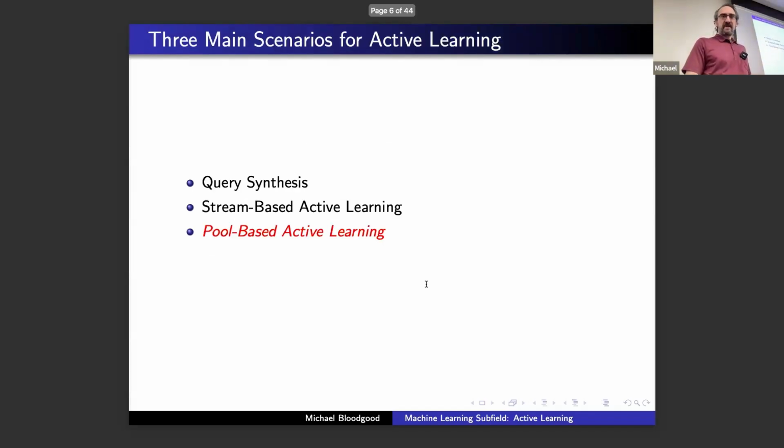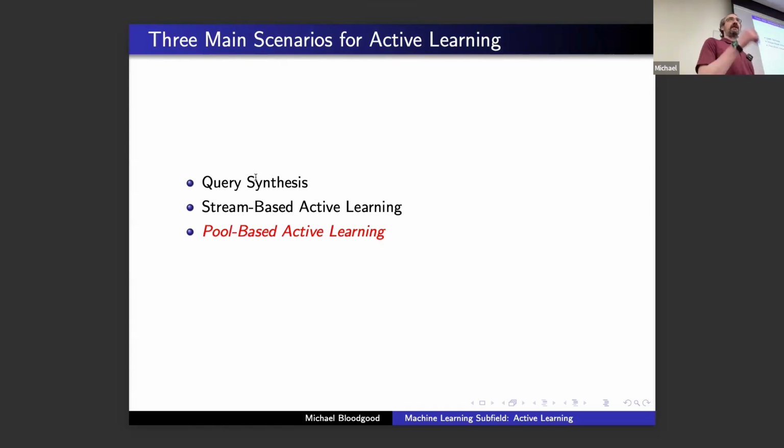So there are three main scenarios for active learning. The first one is query synthesis. This is where you explore whether the machine can create its own data. The second one is stream-based active learning. This is where data comes into the machine one at a time, like a stream.